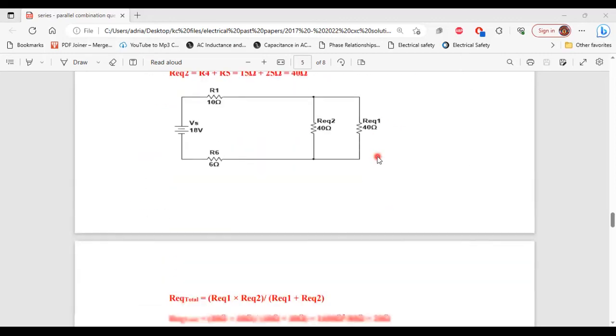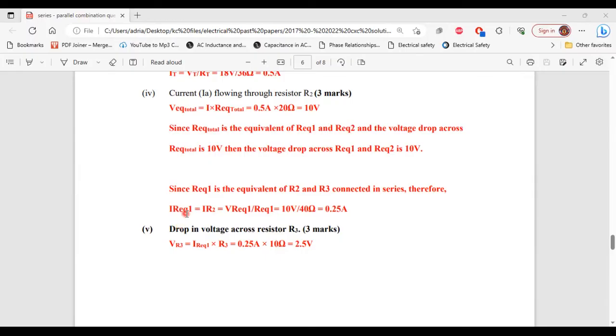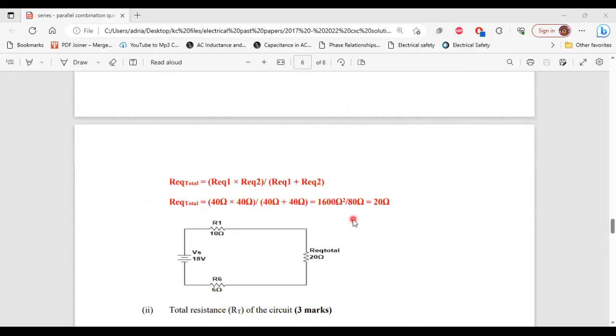All right. So IREQ1 is equal to VREQ1 divided by REQ1, that is 10 volts divided by 40 ohm. That will give us 0.25 ampere. All right.